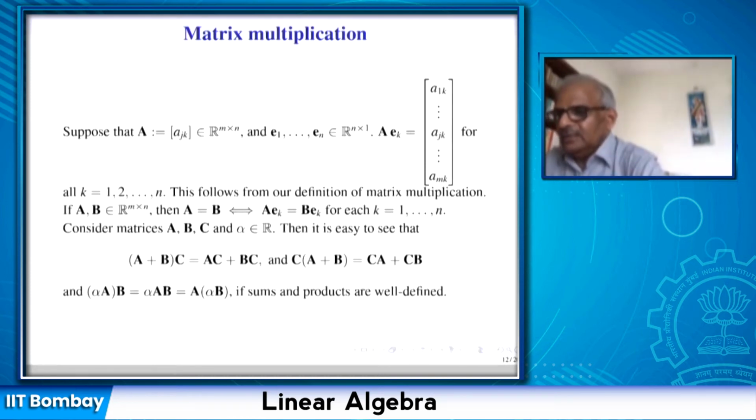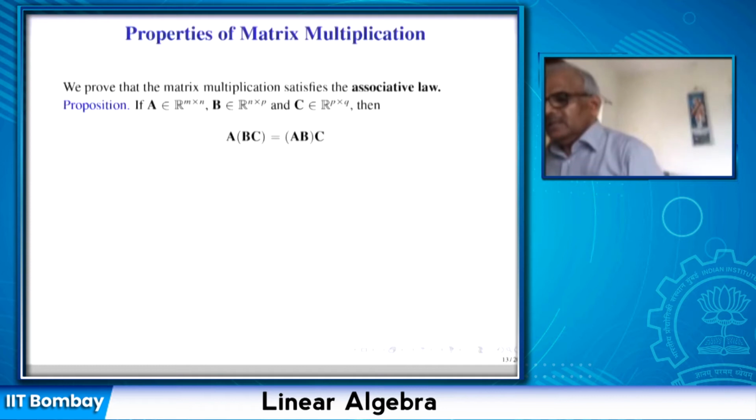Okay. So here is an important rule which corresponds to the associative law of the product of real numbers. So I have three matrices. A is an m by n matrix, B is an n by p matrix, and C is a p by q matrix.